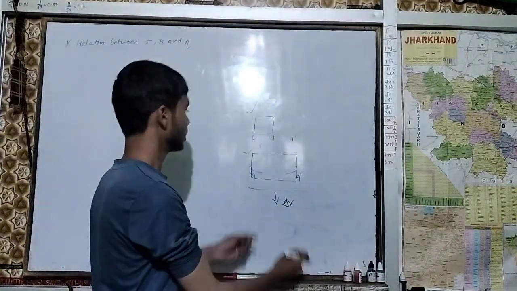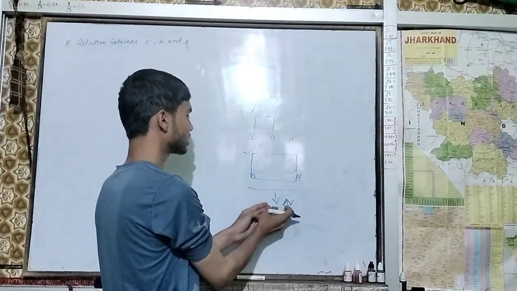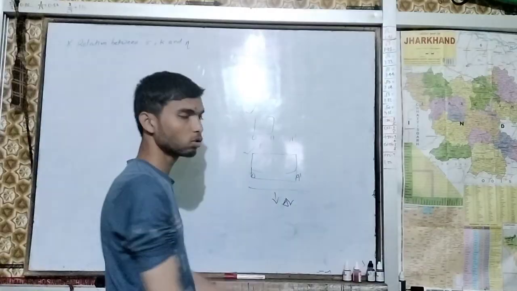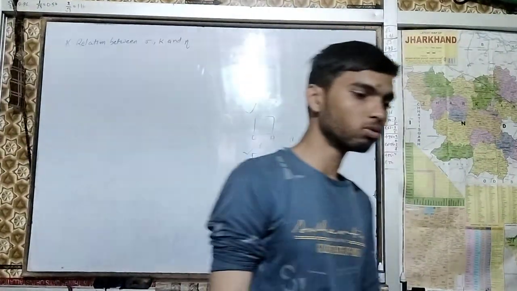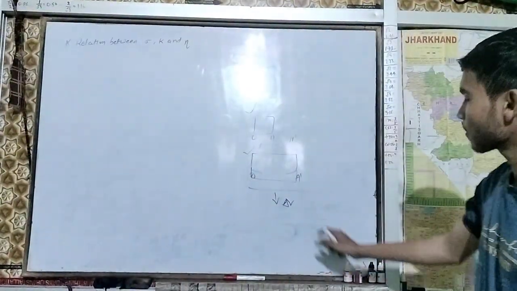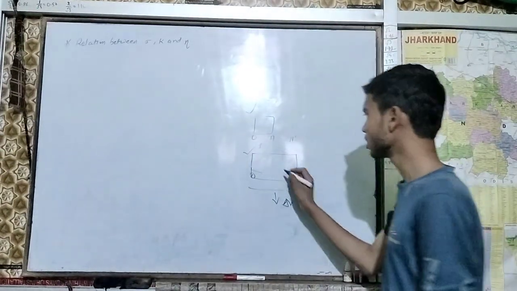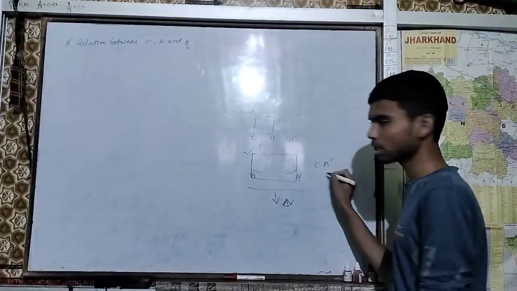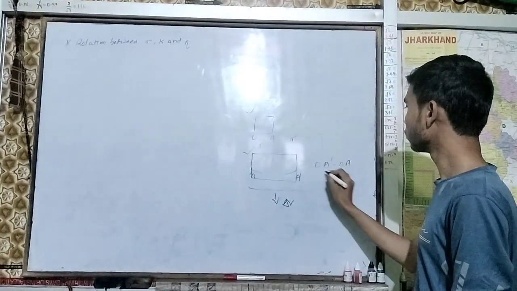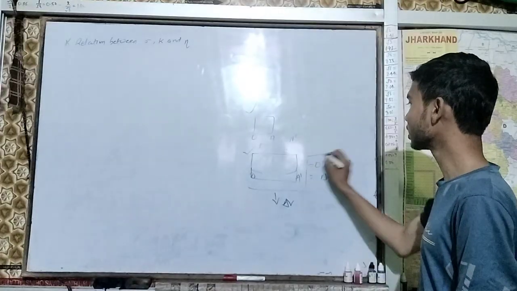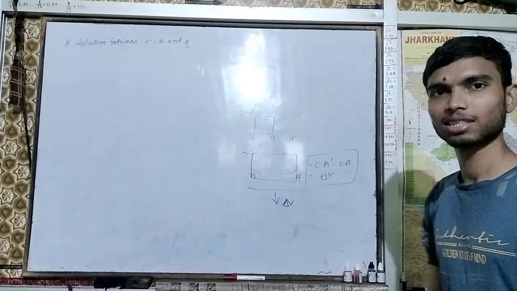How to find it? To calculate this, we just subtract this smaller volume from this bigger volume, meaning O dash O A dash minus O A. From here you will get the change in volume. That is how you will get the change in volume.